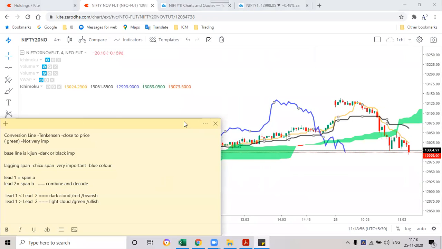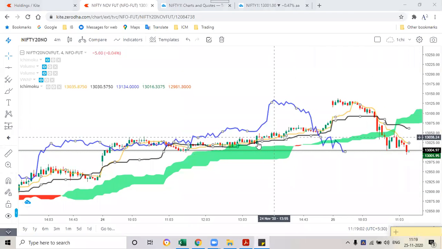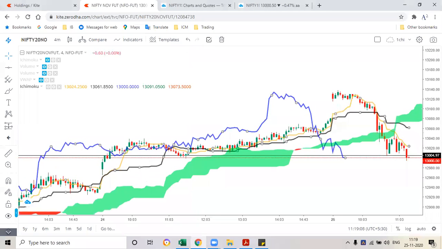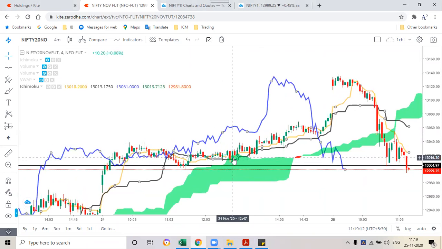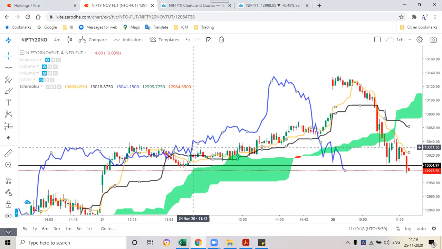So the first rule: the price should be above the cloud, and the Chikou should be above the price. Got it? See here, the Nifty price came here to 13,000. Price went above, and here you can see the price was also above, and the Chikou was also above the price.